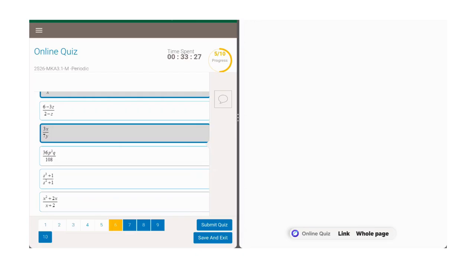So next rational expression is s to the power 3 plus 1 over s squared plus 1. We can factor the numerator as s cubed plus 1 cubed.